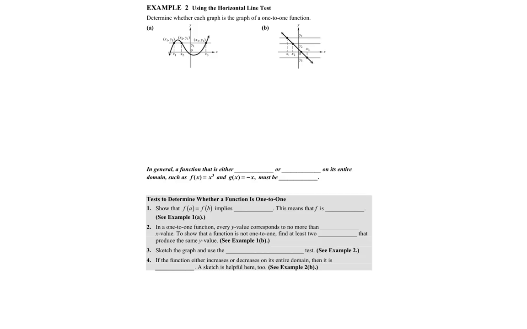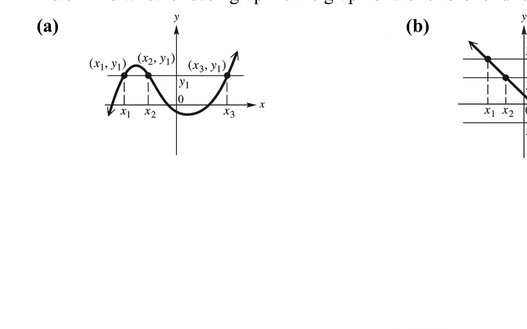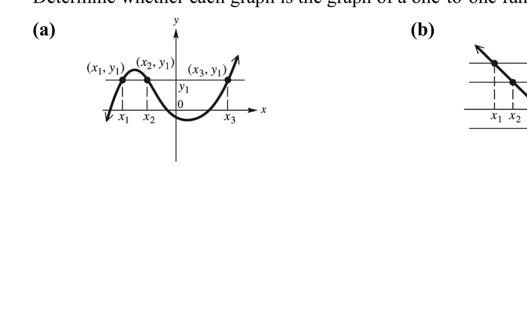All right, so here are a couple of pictures to give you an idea of what I just showed you. We have this curve function here, and if I draw a horizontal line through here, I'm hitting that graph 3 times. So each one of these x values has the same y value.